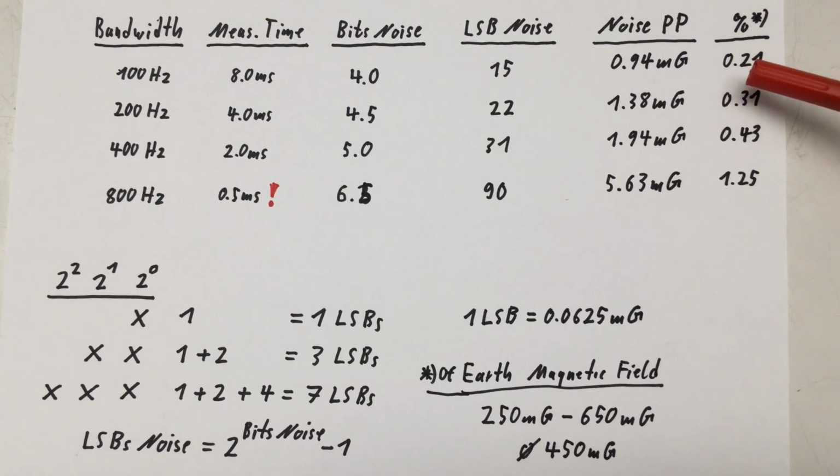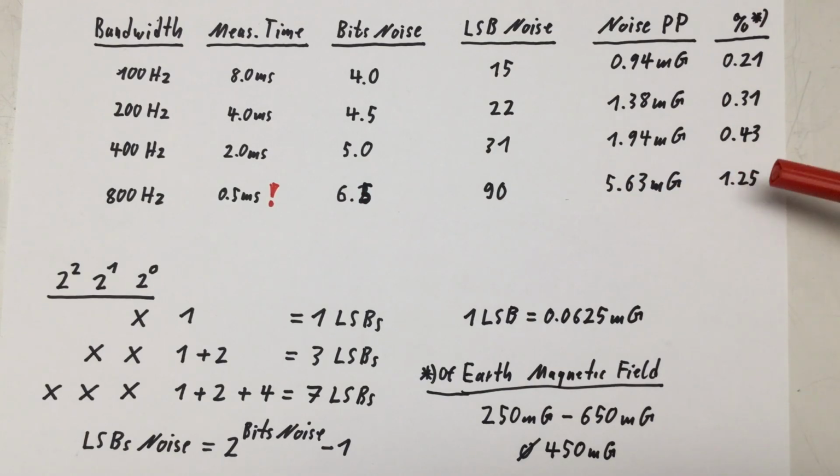At 200 Hertz, 0.31, still not bad. Also at 400 Hertz, 0.43, still not bad, twice as bad as at 100 Hertz. But in that 800 Hertz mode, we have a peak-to-peak noise level of 1.25% of the Earth magnetic field. That's a little bit much for precision measurements.